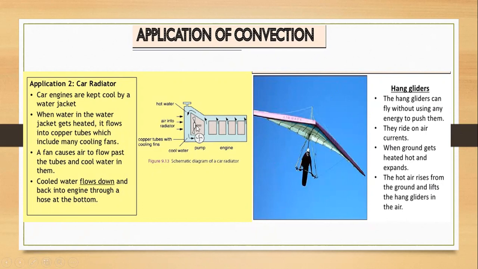Or you can see the car radiator. A car has a radiator. The car engine is kept cool by the water jackets. When the water inside becomes heated, it flows into the copper tubes, which include the cooling fans. The fan causes air to flow past the tubes, and that cools the water, and that cool water flows down and back.